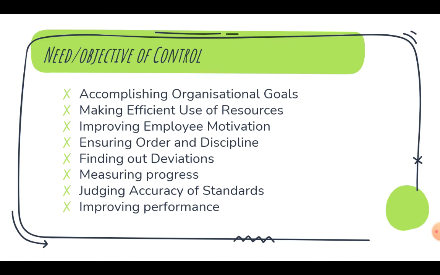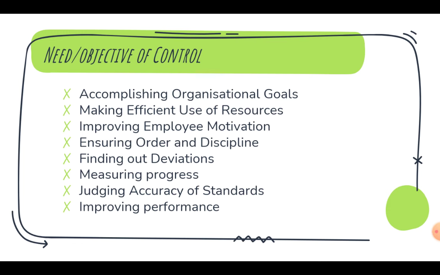Therefore, the difference between the expected results and the actual results is going to be reduced to the minimum. The standards are your expected results. You've expected 10 units of production, and you may produce 9 units, 10 units, or even 11 units. We're trying to reduce this difference between the standard and the actual production. In this way, controlling will be helpful to achieve the goals of the organization.